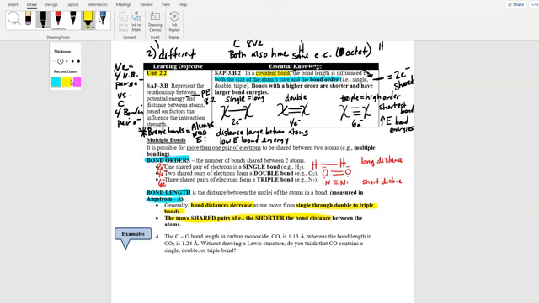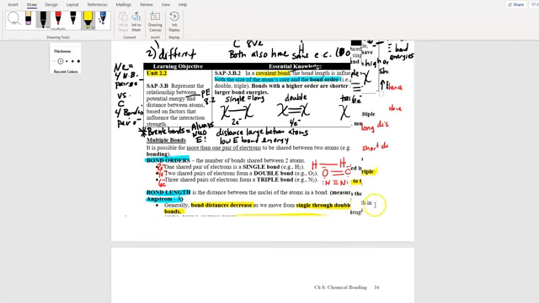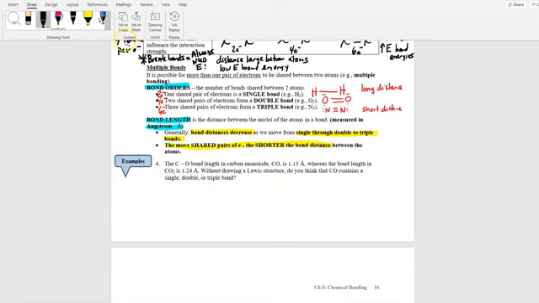So if you had an example question like this: if I have a CO bond length in carbon monoxide, and I said the bond length was 1.13 angstroms, whereas in CO2, with both oxygens on the other side, the bond length is 1.24.